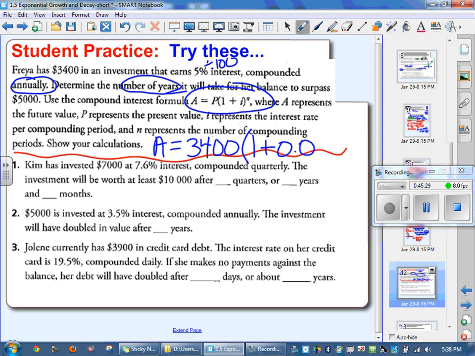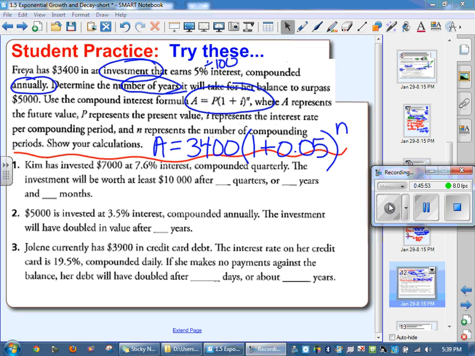Okay, so we are solving for n. Okay, and why are we solving for n? Because the question said to us, it wants to know, when is she going to have more than $5,000 in her account? Well, first of all, we need to know when she's going to have exactly 5,000. So we're just going to substitute the A value as 5,000.